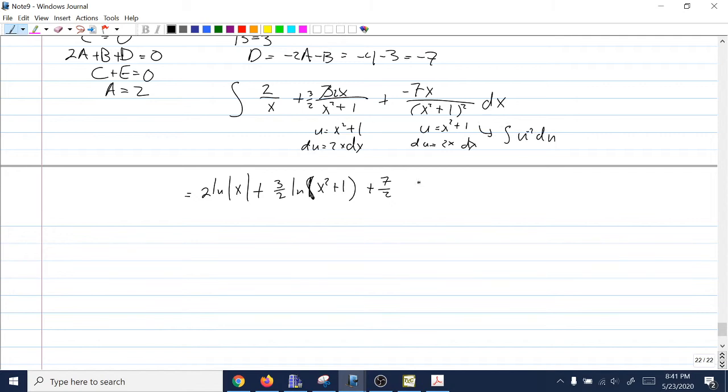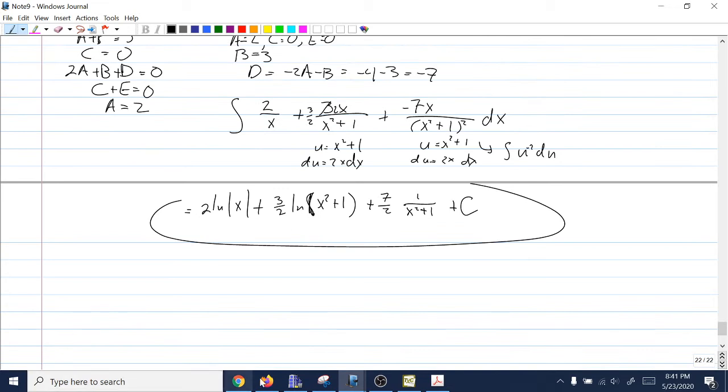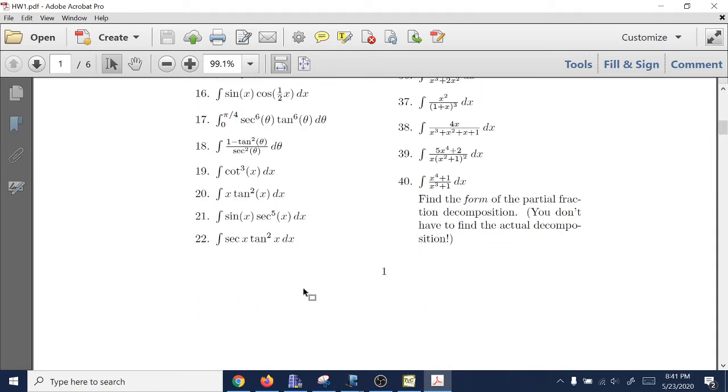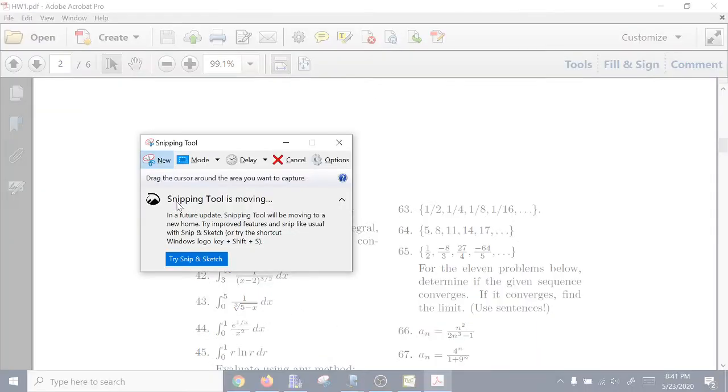That's going to be negative 1 over u. Whew. There we go. Cool. We're still going. That was 39, 41. We're just stating the form of the partial fraction decomposition.